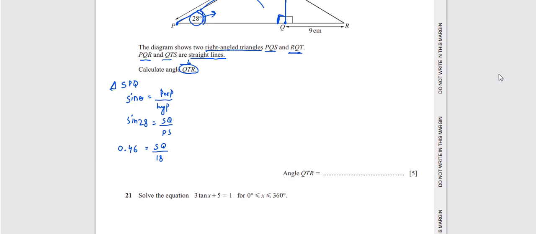So 18 multiplied with this, SQ is equal to 8.45. Like that, this length is equal to 8.45.